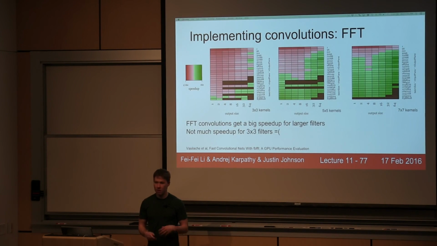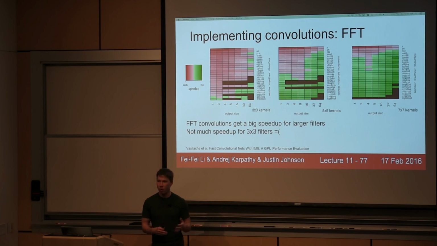This has actually been used, and some folks at Facebook had a paper about this last year, and they released a GPU library to compute these things. But the sad thing about these Fourier transforms is that they give you really big speedups over other methods, but really only for large filters.